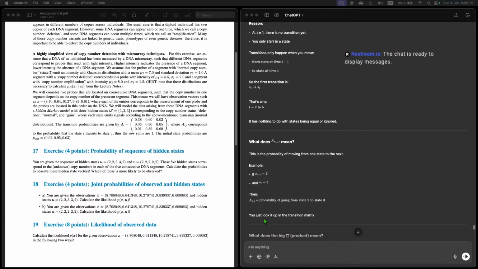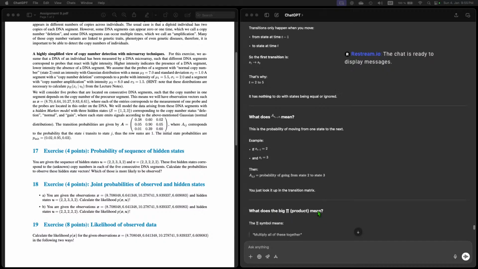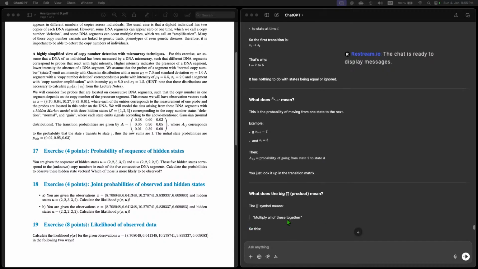Just look it up in the transition matrix. What does the big product mean? It simply means multiply all these together.